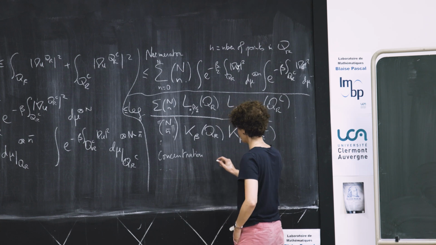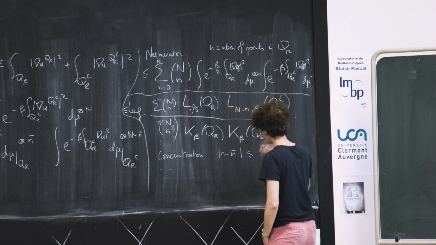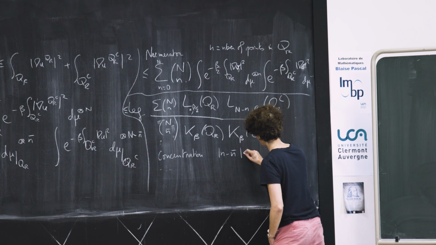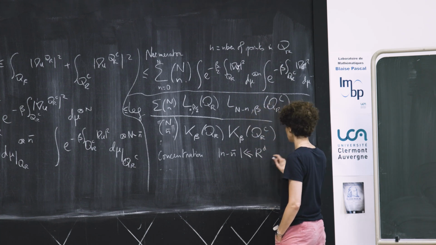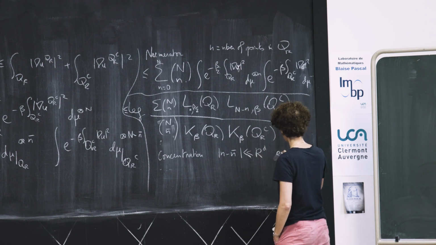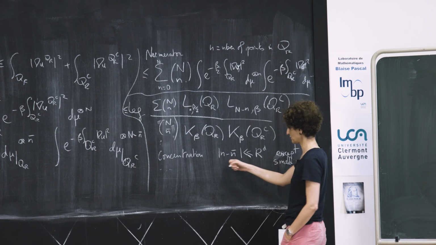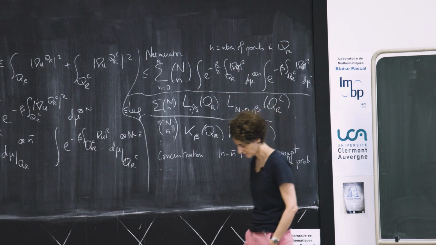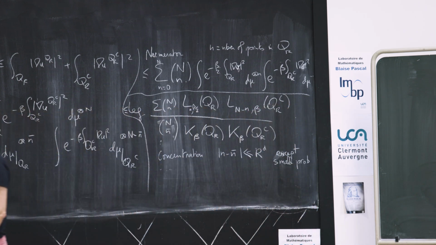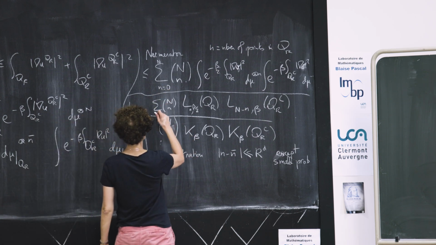at the higher scale that tells us that little n minus n bar is in any case much less than R^d, except with small probability. I'm going to remain vague on this, but you can make it more precise. Okay, so the concentration in particular tells us that n concentrates near n bar, and eventually what that means is I can neglect the sum in here.